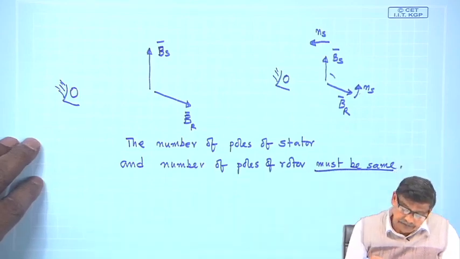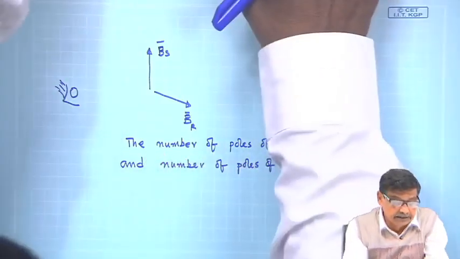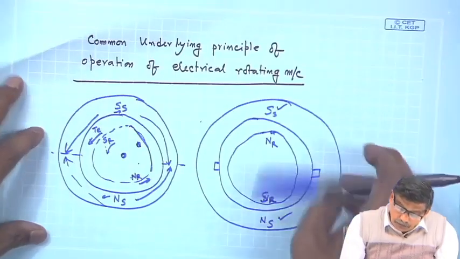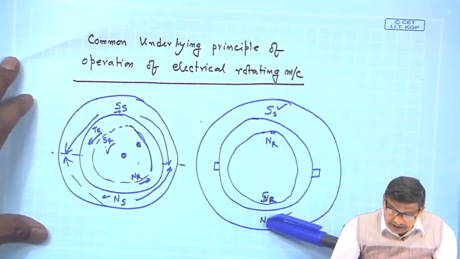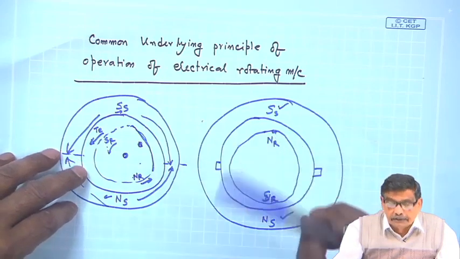This is a must. For example, in this example we have a machine where two poles are there, SS NS, for the stator and also two poles, NR SR, for the rotor.